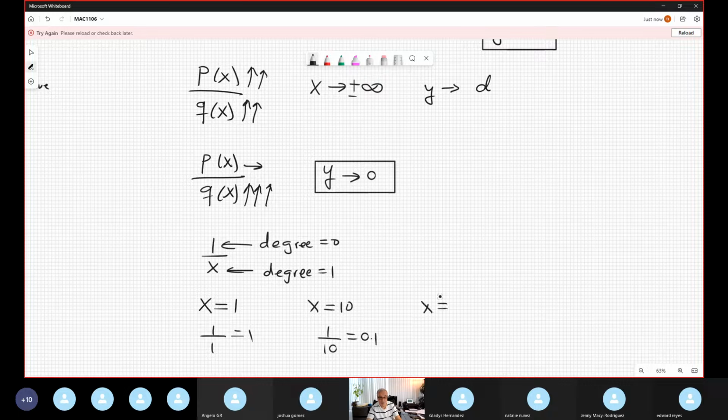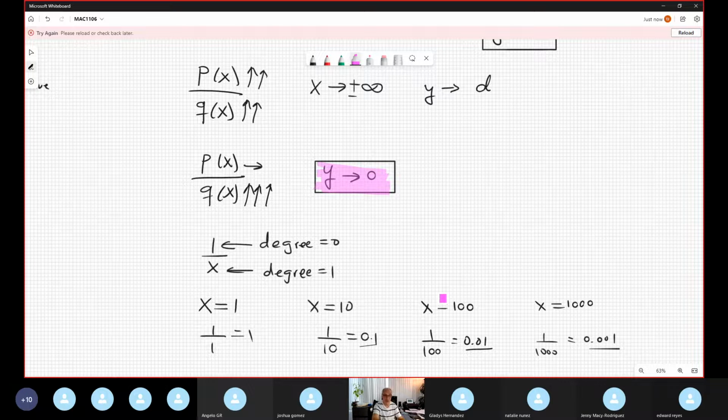Suppose x equals 100. 1 over 100 is 0.01 in decimal. Suppose 1000. 1 over 1000 is 0.001. You see how this number gets smaller, and never negative, it's positive. That is the interpretation of this. Cool?